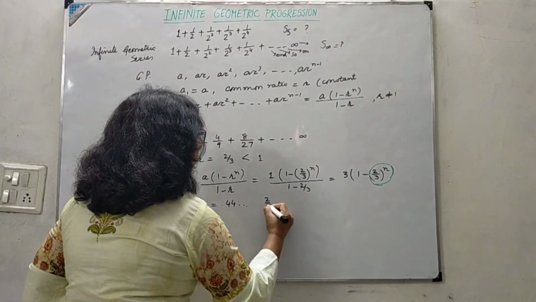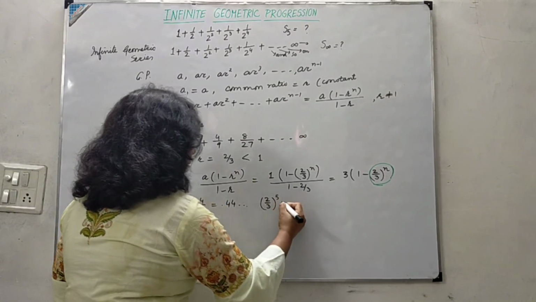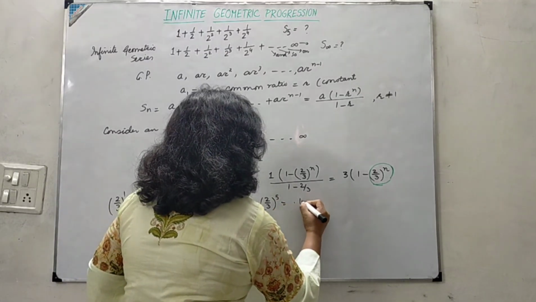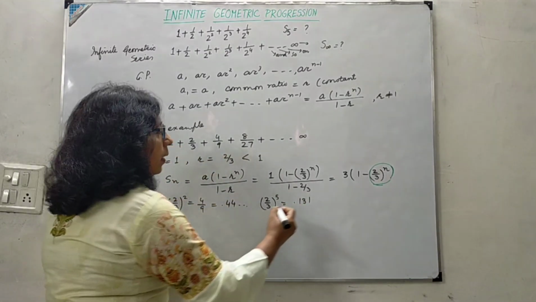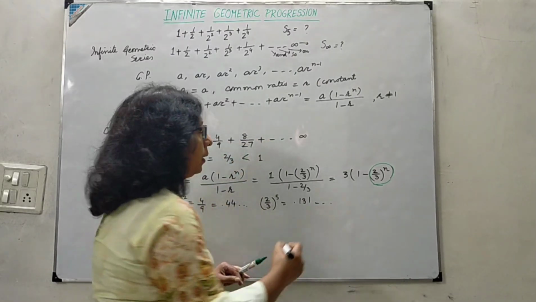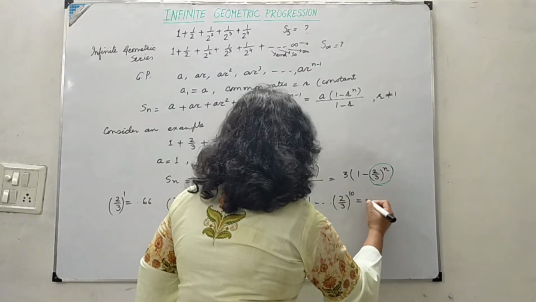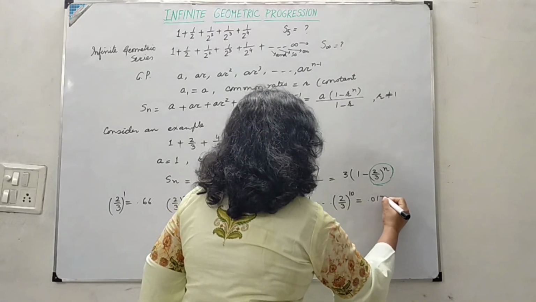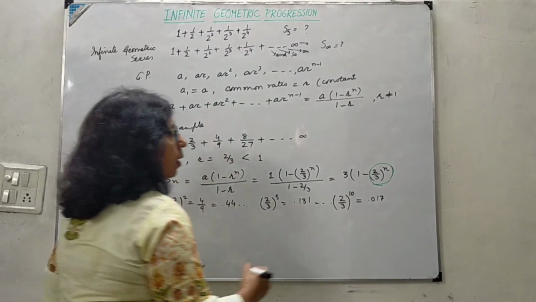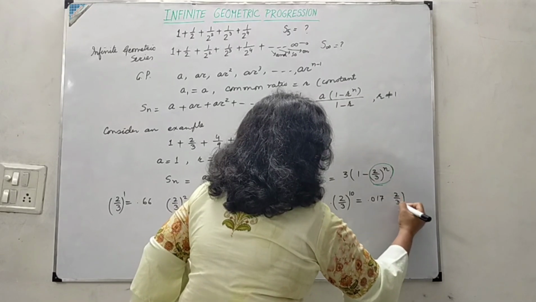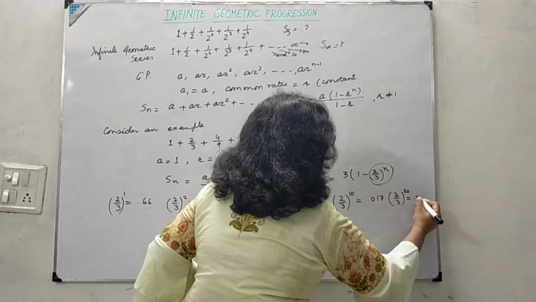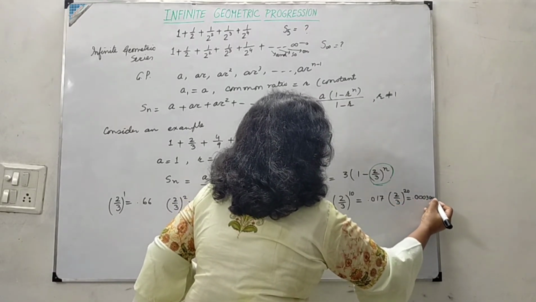Then 2 by 3 to the power 5 is 0.131. And if I go further, increasing the power n, 2 by 3 to the power 10 is 0.017. And for power 20, it is 0.0003001, etc.